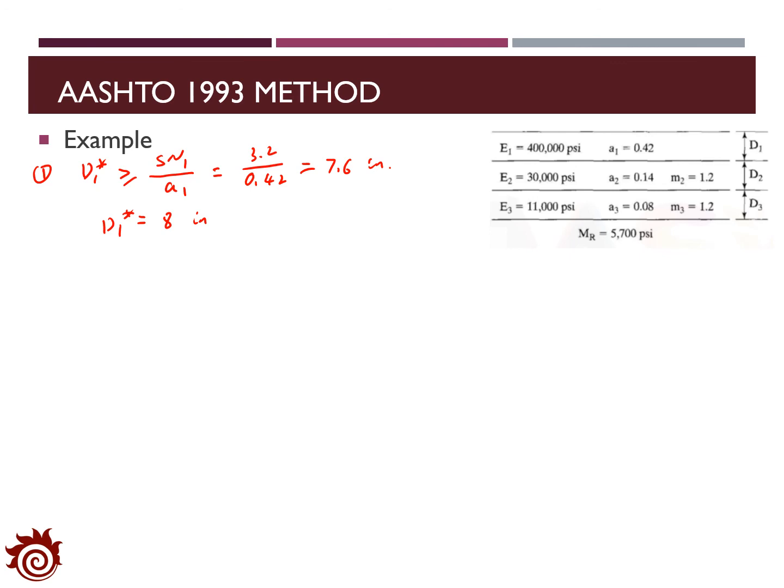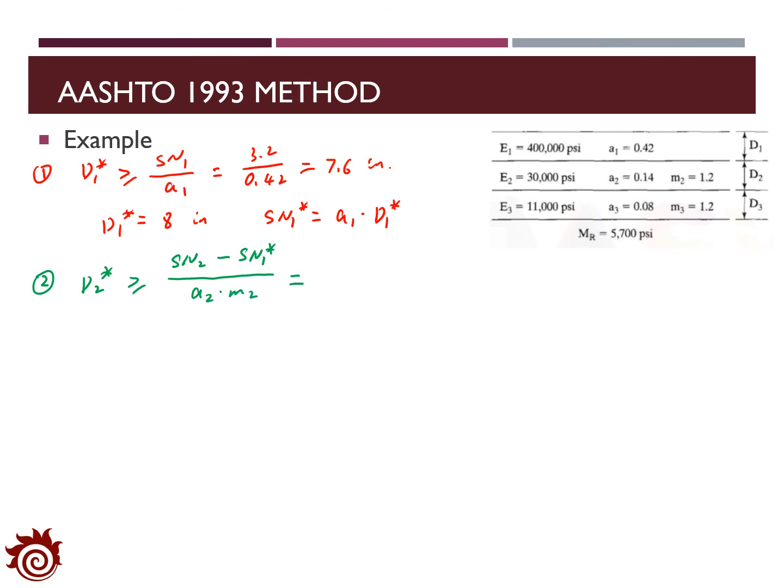With that, we can get the value of SN1 star as A1 times D1 star. Then we can go to estimate the thickness of the second layer, the base layer. Similarly, we will use the formula D2 star is higher than SN2 minus SN1 star divided by A2 times M2.